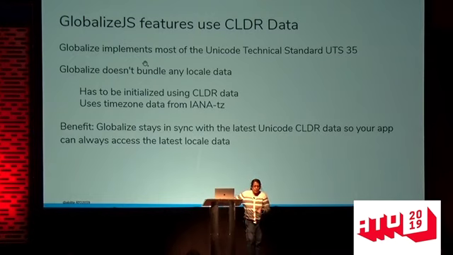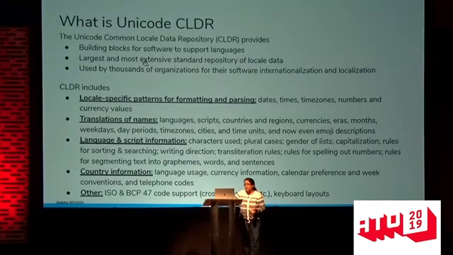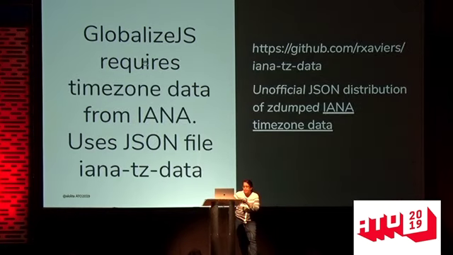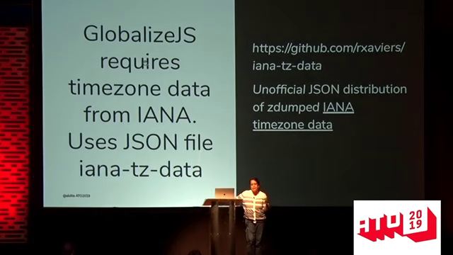So what GlobalizeJS does, and I'll come back to this, is provide you this IANA data in JSON format that you can pull into any of your applications and use. It's just interoperability across time zones, which you can use through JSON for your application.